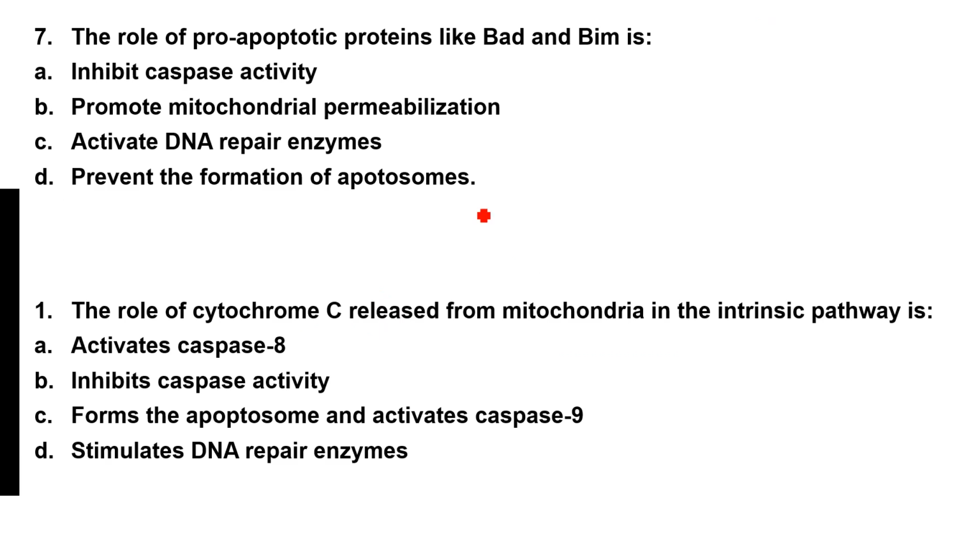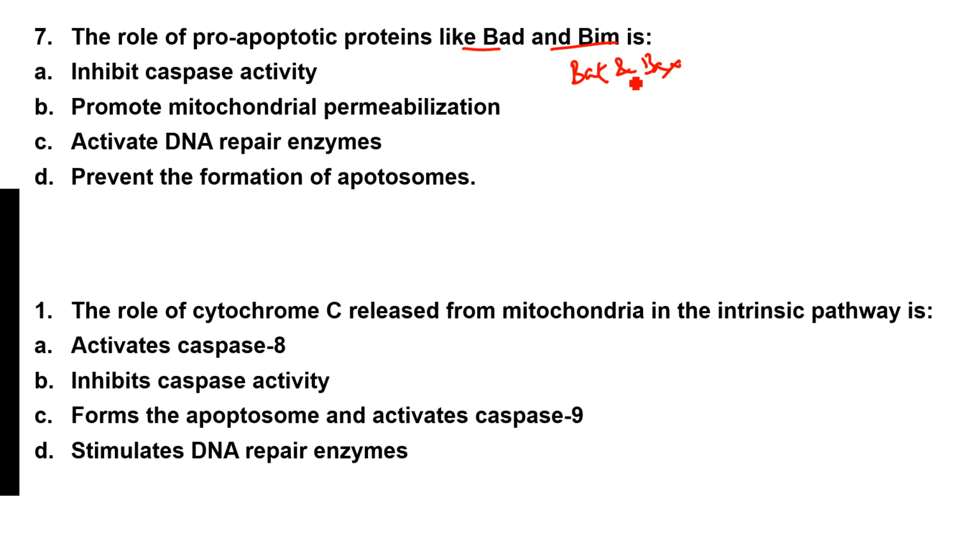Now answer these questions. The role of pro-apoptotic proteins like BAD and BIM is to inhibit caspase activity, promote mitochondrial permeabilization, activate DNA repair enzymes, or prevent the formation of the apoptosome.